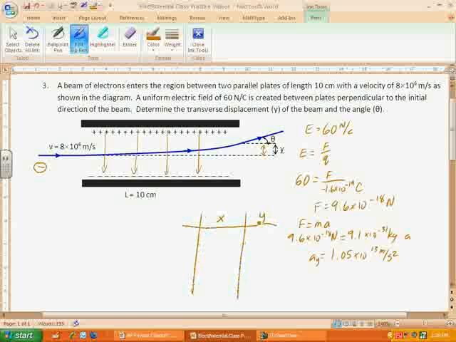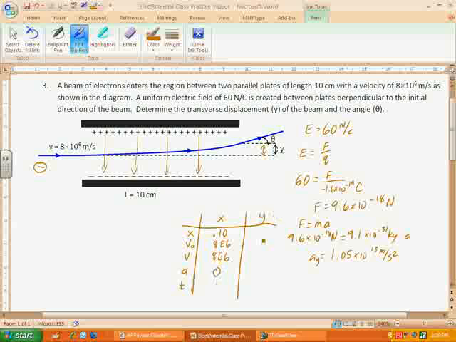So let's write out displacement, initial velocity, final velocity, acceleration, and time. In the x direction we've got a displacement of 0.10 meters, 10 centimeters. The initial velocity is 8 times 10 to the 6th. The final velocity is going to be the same because nothing's pushing it horizontally. The only forces are upwards towards the positives, so no acceleration. And we don't have the time.